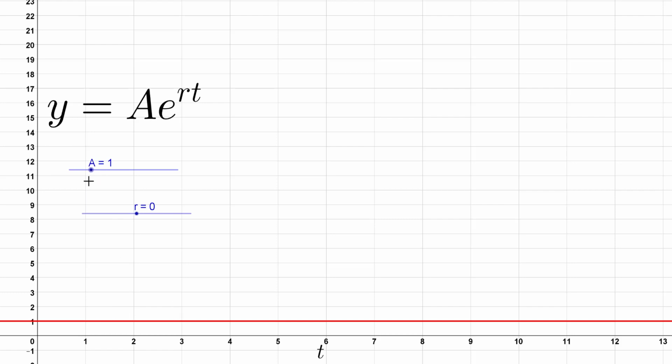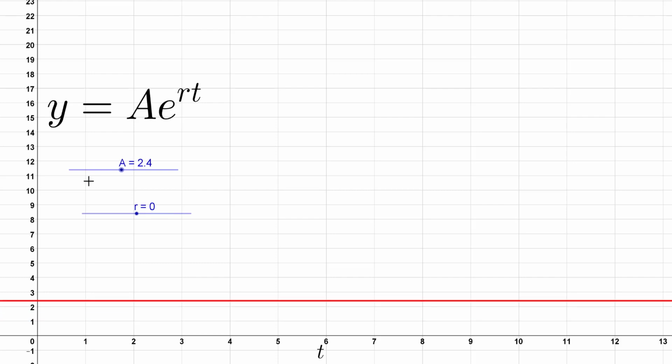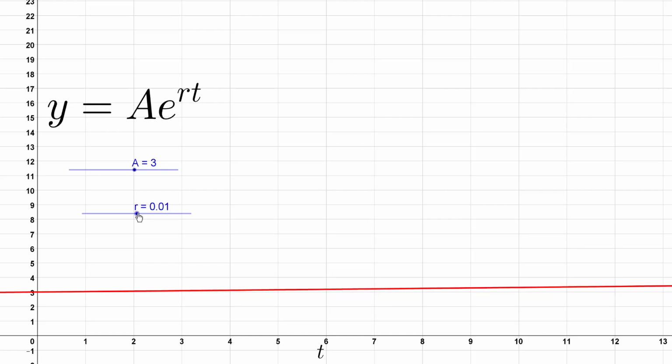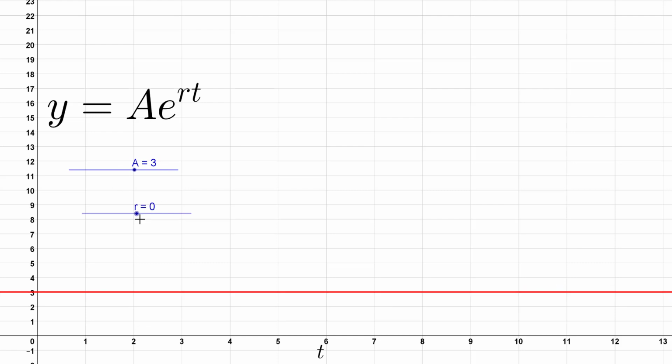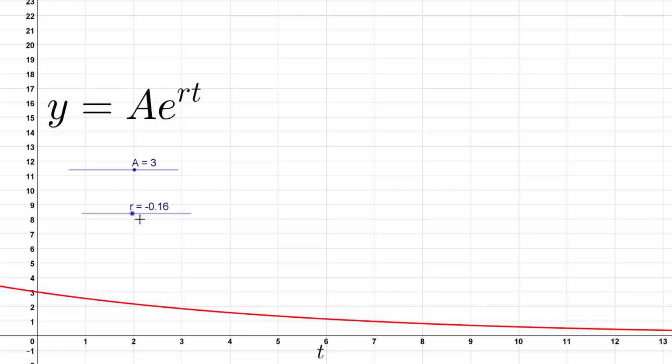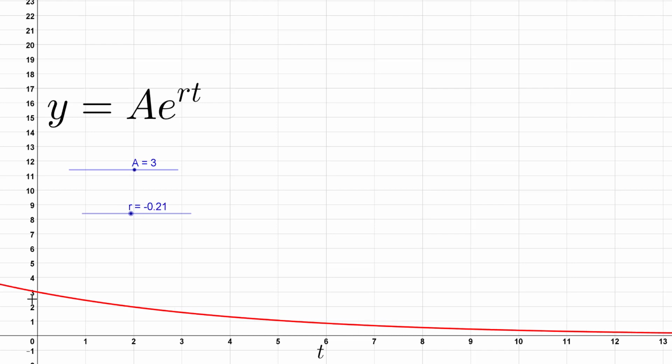And then, let's move our A up to 2 or 3 for a second. So let's say I have A at 3. What if we include a negative growth rate? Well, we call negative growth decay in this case. So a negative growth rate, we're going to call that a decay rate. And as you can see, a negative growth rate or a decay rate means the values are decreasing.